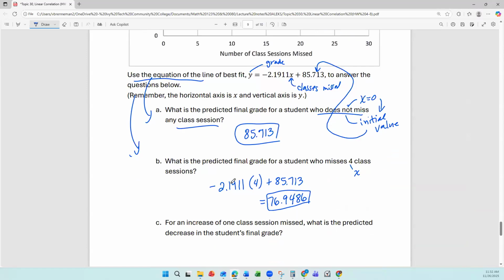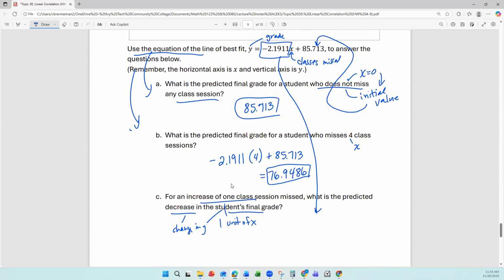Then for an increase of 1 class session missed, that's 1 unit of x. What is the predicted decrease in the student's final grade? That's the change in y. So again, it's asking for the slope, looking for this number next to the x.